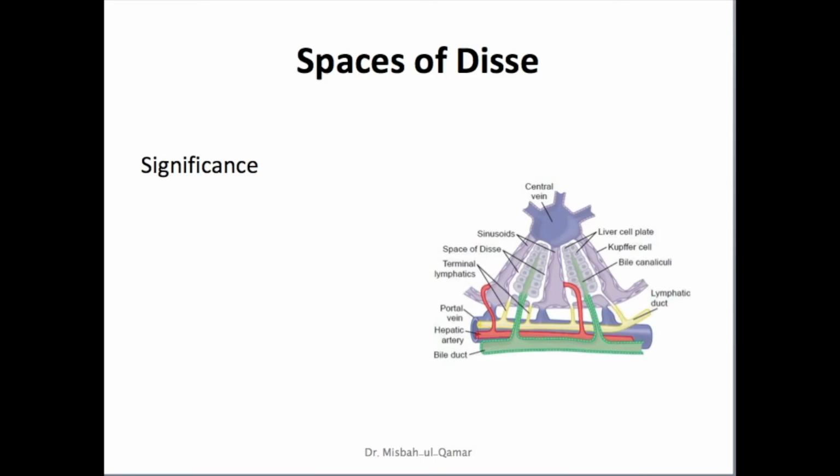Now, what are these spaces of Disse? These spaces of Disse are also called perisinusoidal spaces. Actually, they are narrow tissue spaces between endothelial cells and the hepatic cells, while the endothelial lining has extremely large pores.